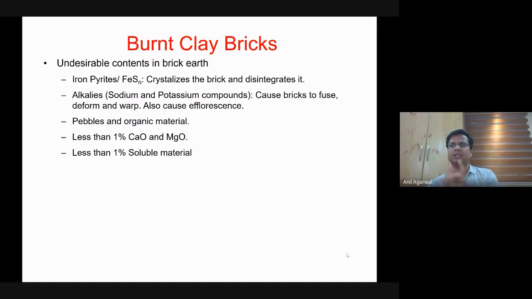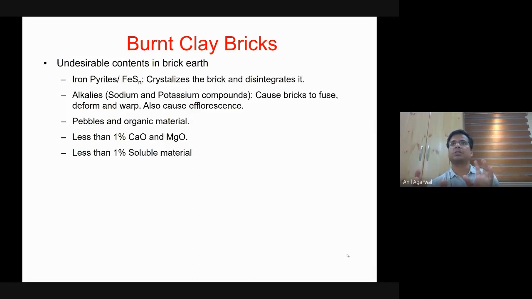What we need is an amorphous kind of a matrix of silica, and if iron pyrites are present, then they will lead to crystallization of that, and that will make the brick very brittle. Okay, it will become very brittle, will disintegrate very easily. So iron pyrites are not desirable. Alkalis are not desirable. Okay.